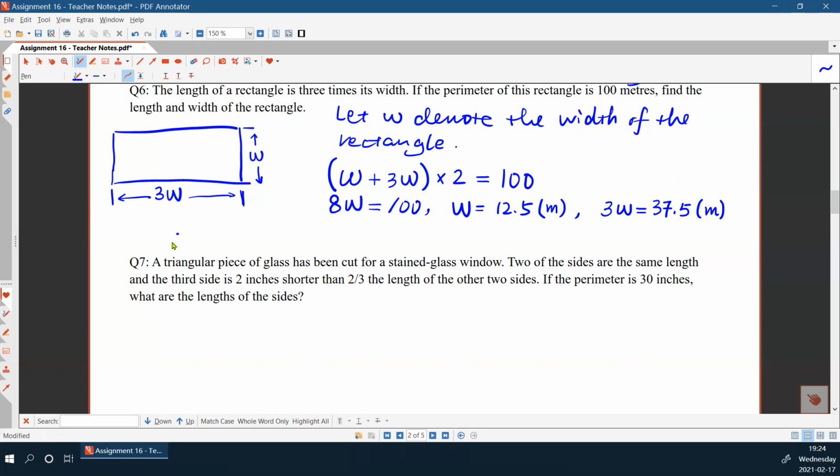So the conclusion here is the length is 37.5 meters and the width is 12.5 meters. Okay, any questions?